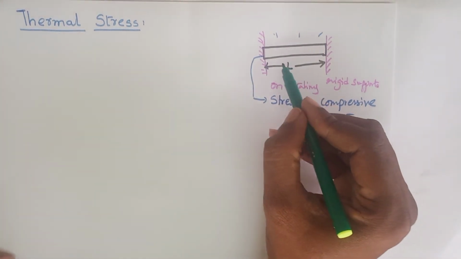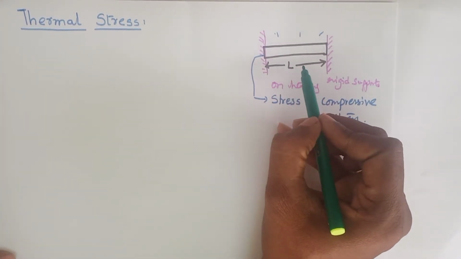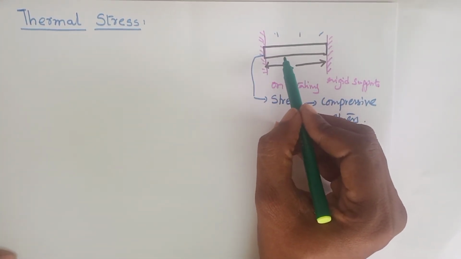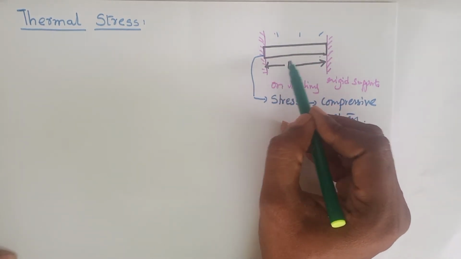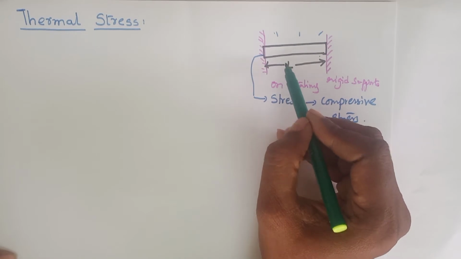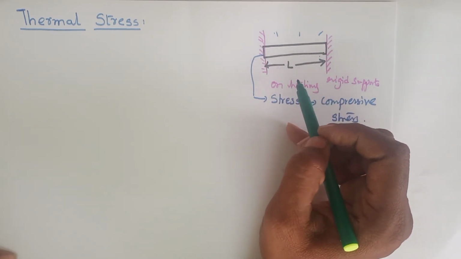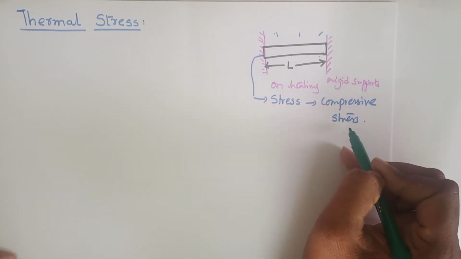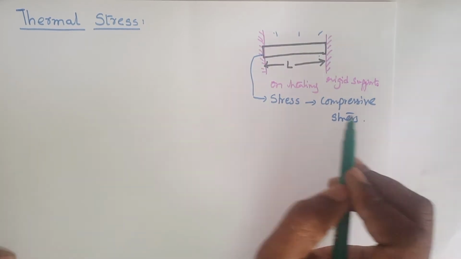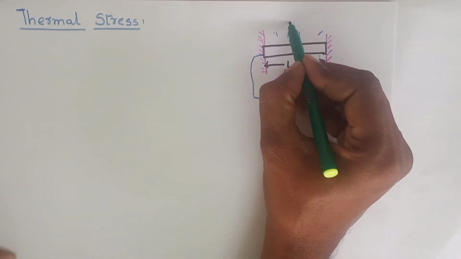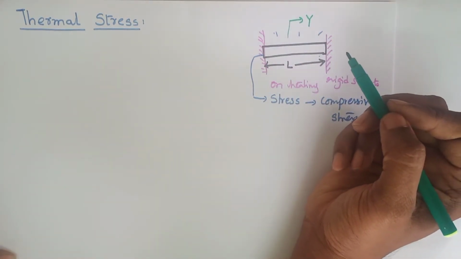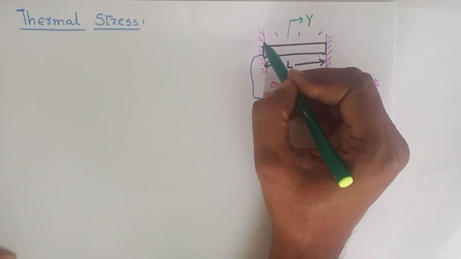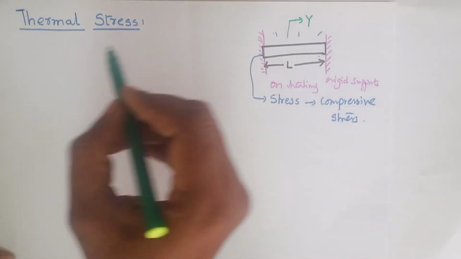When this is heated between the two ends, the rod acquires compressive strain due to external forces provided by the rigid supports at the ends. The stress is called compressive stress. Of course, if this is made up of steel, it has Young's modulus, right, and there is an area which is also there, right.